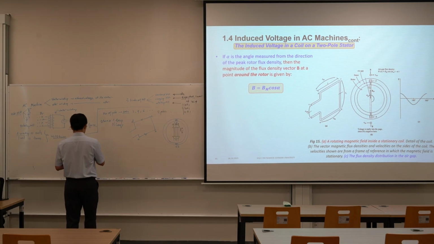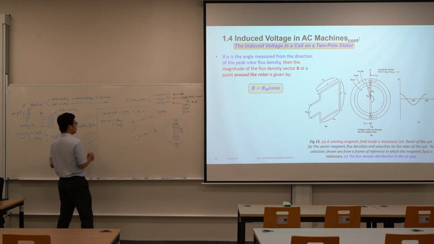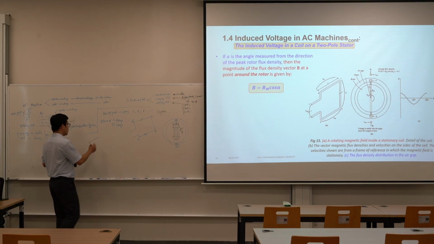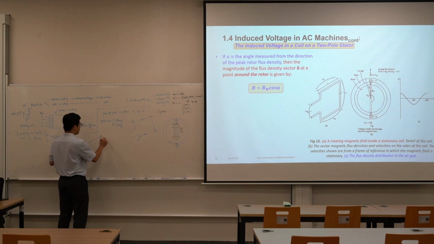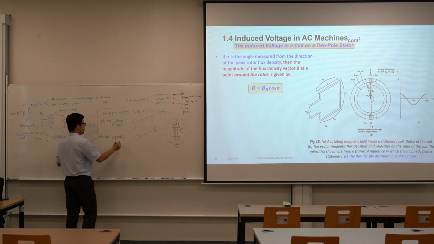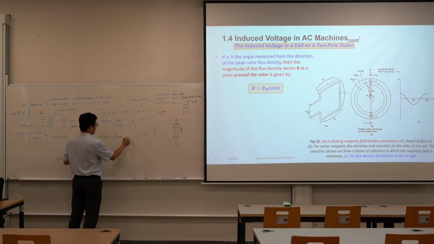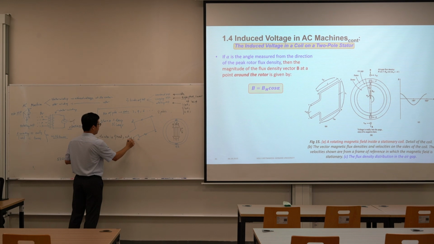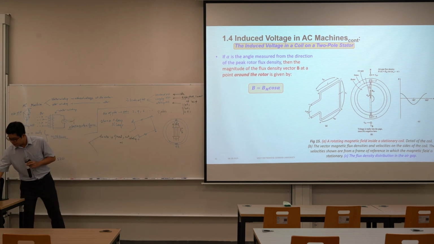So we have two conditions of the rotor. If the rotor is stationary or fixed, that means they are not rotating. So we can get BR.